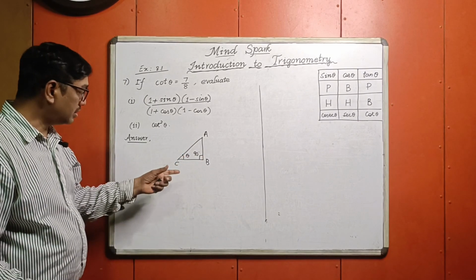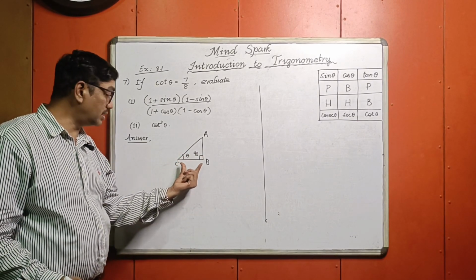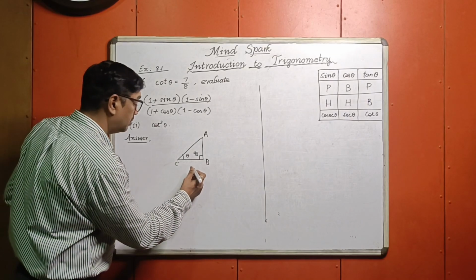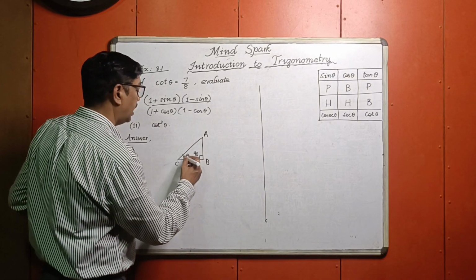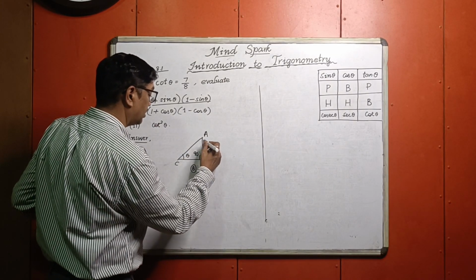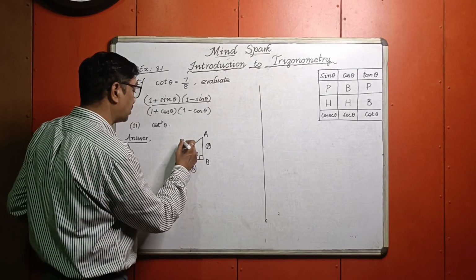Near to theta, that is BC, the side is your base. Opposite to theta is perpendicular, and opposite to 90 degrees is hypotenuse.